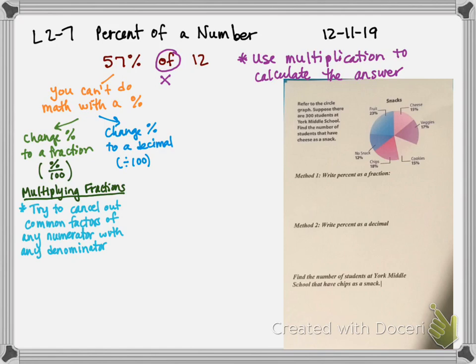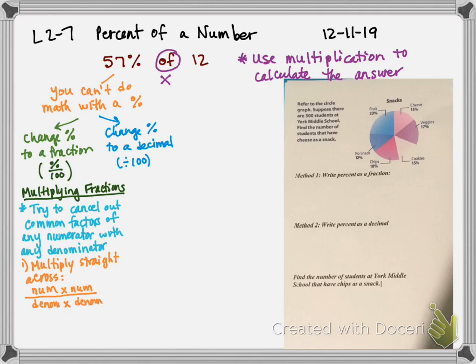So how does the math actually work? Well, you're going to multiply straight across. And that means numerator times numerator over denominator times denominator.